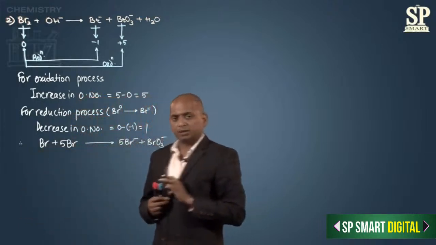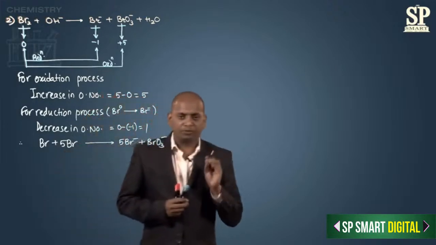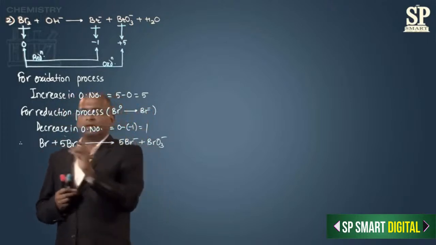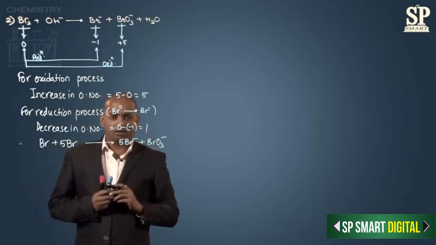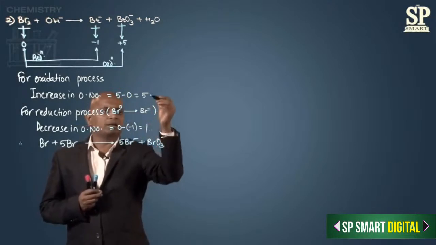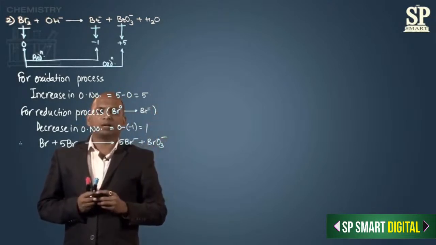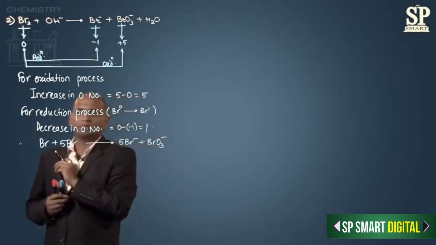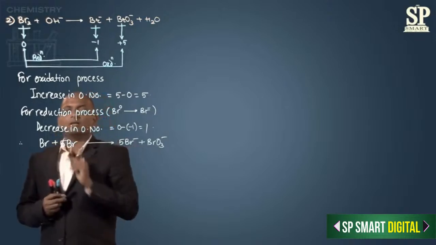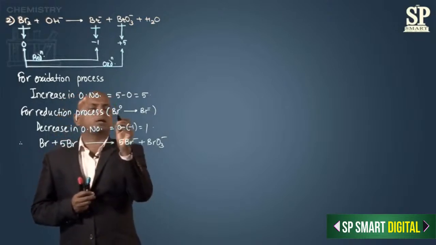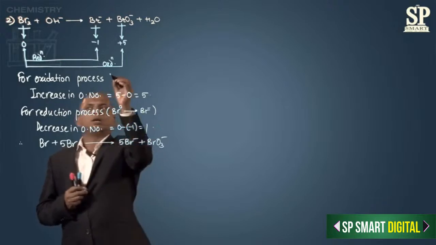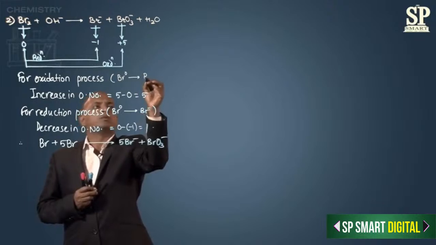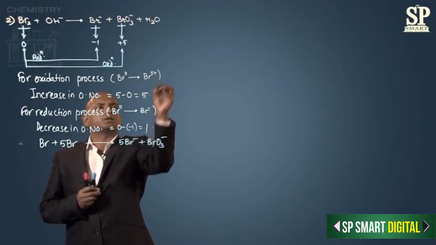I repeat this step, as it is a little bit confusing. Increase in oxidation number is 5, decrease in oxidation number is 1, so we have to equalize these numbers. How can we do that? Just multiply this equation by 5. What is the reduction? Br0 changes to Br minus 1. What about oxidation? Oxidation we can say Br0 changes to Br plus 5.